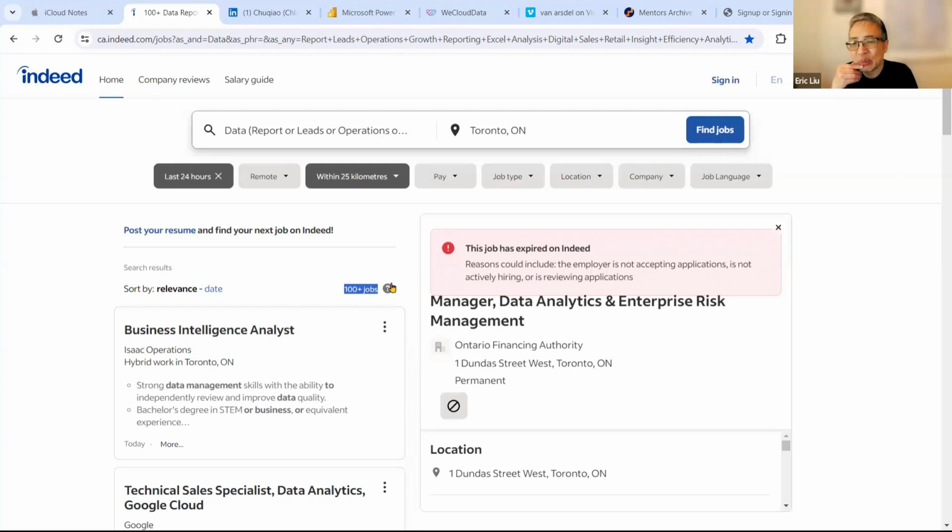All you need is just one job, right? So if you work with a team of capable people at WeCloudData, we will help you find your position in this job market, we will help you get more interviews, and we will help you pass those interviews.